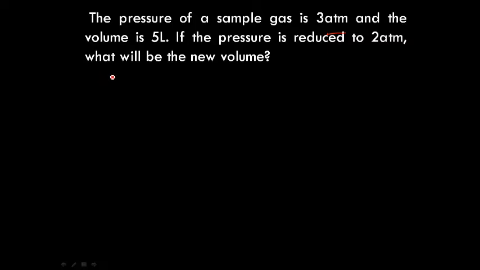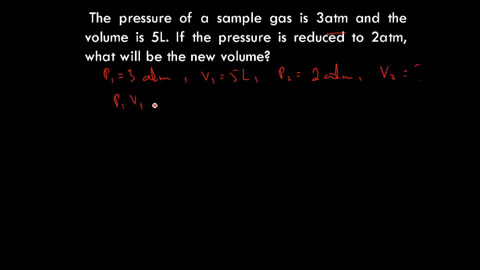So first of all, we write the data. The pressure is 3 atm, and the volume is 5 liters, and the after pressure is 2 atm. We need to find the new volume. So by Boyle's law, P1 V1 equals P2 V2, and we need to find volume 2.